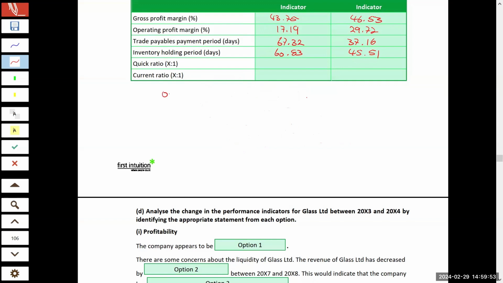Now the quick ratio, sometimes known as the acid ratio for what it's worth, is simply defined as current assets minus your inventory, divided by current liabilities, sorry, getting ahead of myself there. So the top figure is your current assets with the inventory taken out.